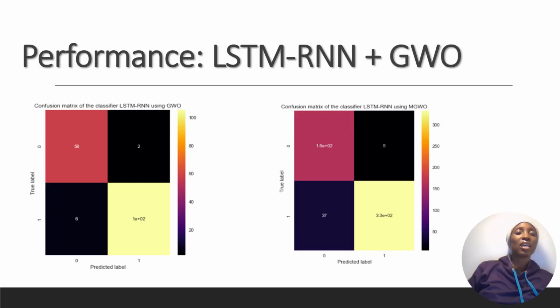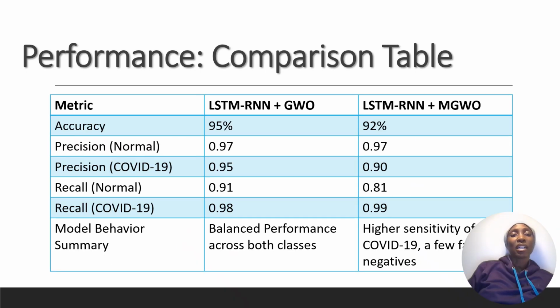And this is the confusion matrix of the proposed model, LSTM RNN with Grey Wolf optimization. The performance table shows that the LSTM RNN with Grey Wolf optimization performed better in terms of accuracy.